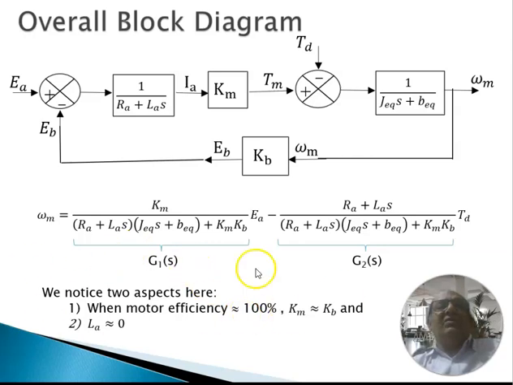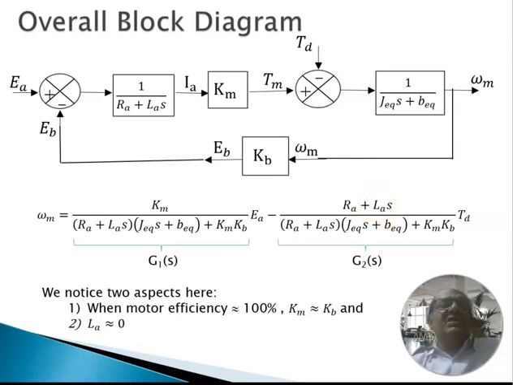When the motor is very highly efficient, the back EMF constant Kb and motor constant Km are approximately equal. So instead of Km Kb, you get Km square. Similarly, the inductance in the motor coil is very small, so we neglect this La, we neglect this La, we neglect this La.